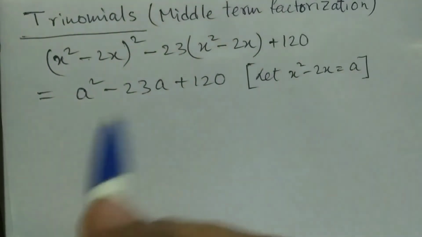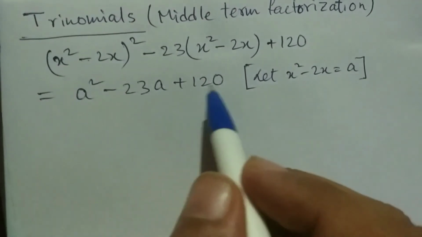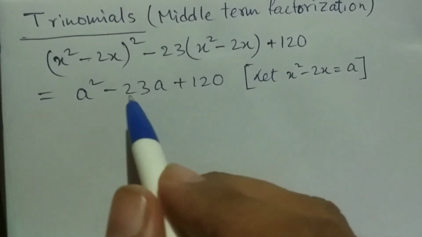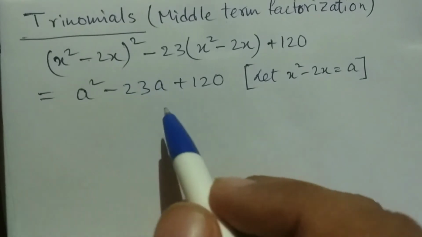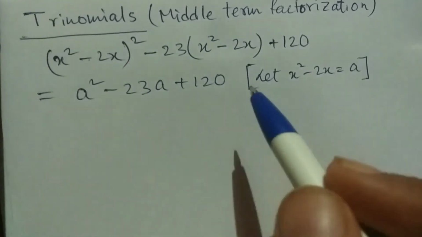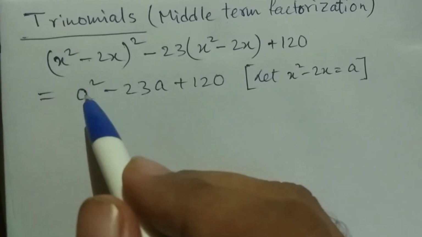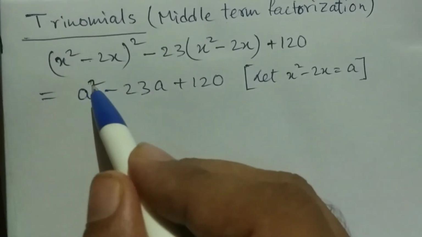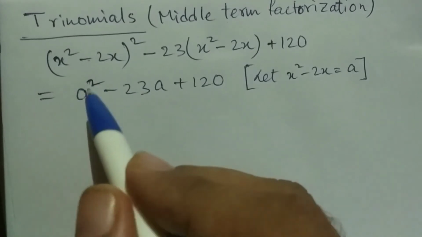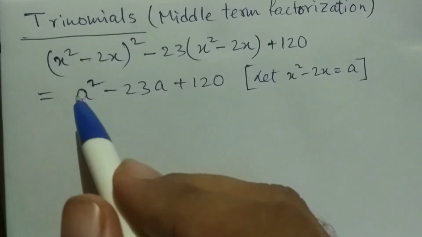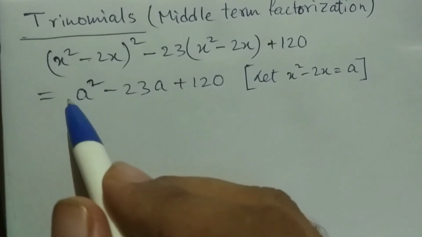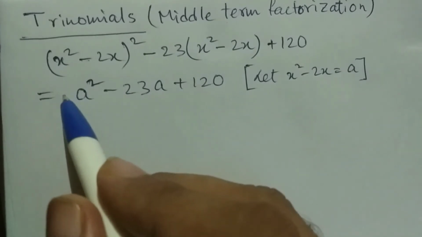Now I have to do middle term factorization, which means this will be factorized. But how? Here this is a variable a, and the first term's power is 2, because this is a square. But the coefficient of a square is what? The coefficient is 1. On the left-hand side there is nothing.